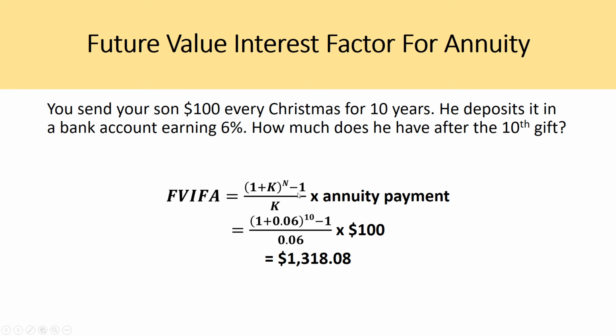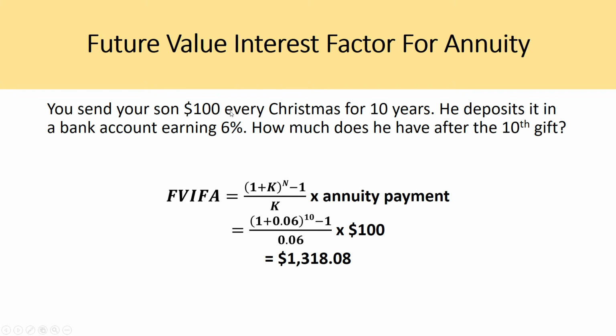So this is the same formula. Our k in this example is 6%. We're not accounting for any taxes as of yet. Our n is 10, and then our annuity payment is 100. And so we do 1 plus 0.06, so 1.06 raised to the power of 10 minus 1, all divided by 0.06, times 100 to get a future value of the annuity after 10 years of $1,318.08.